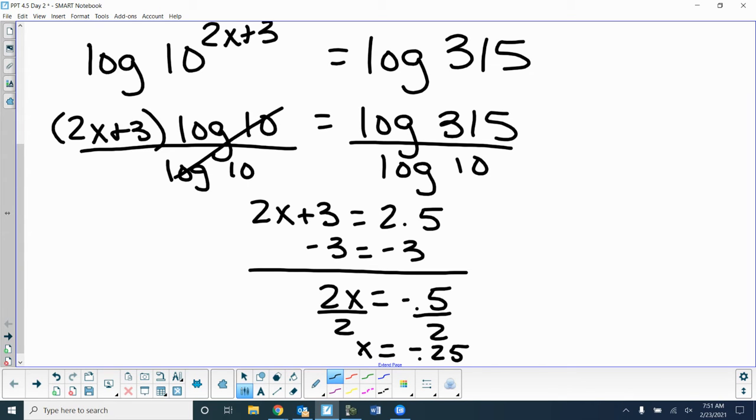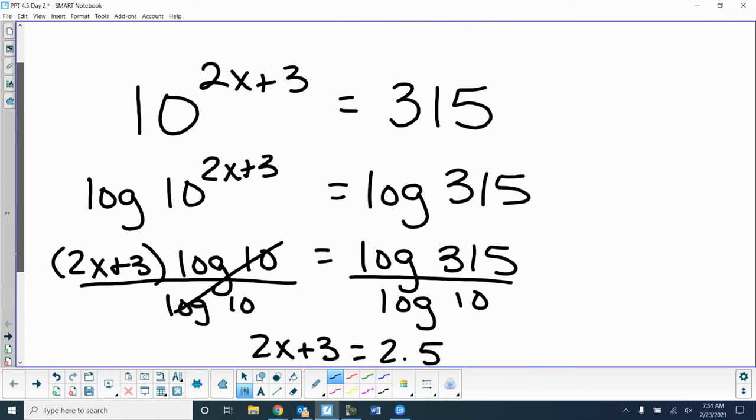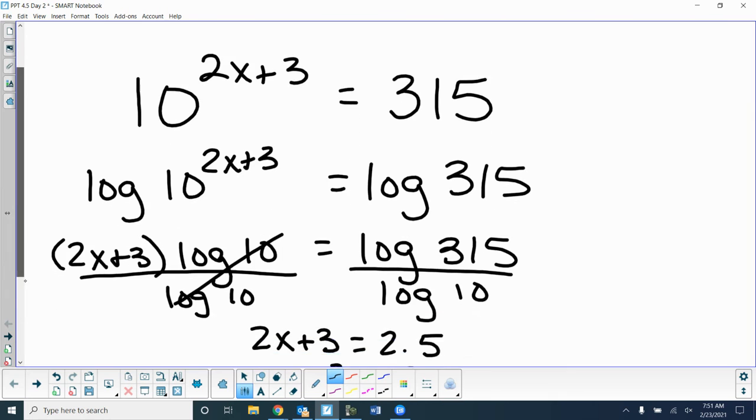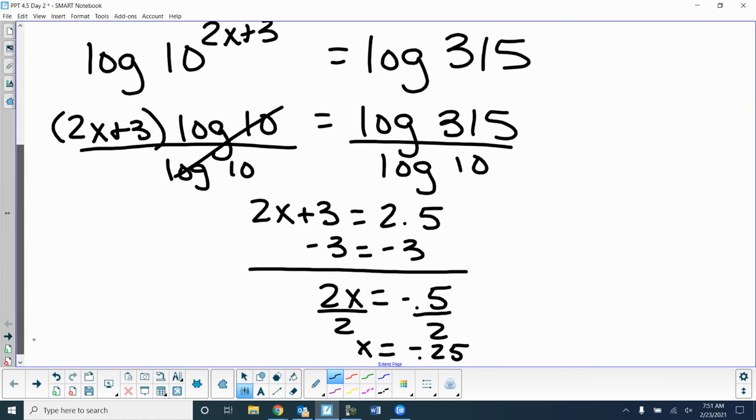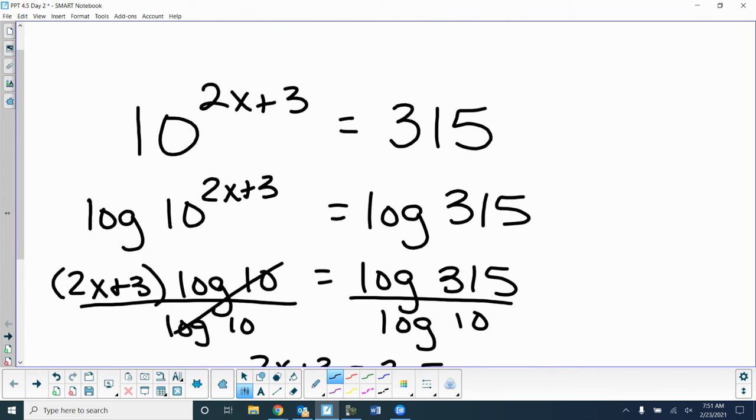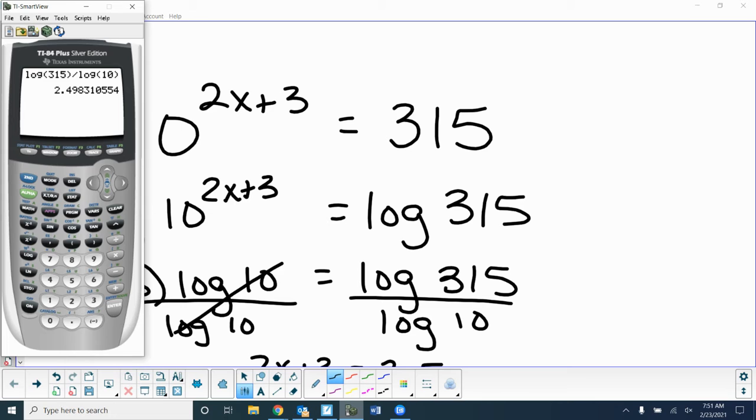Now let's see if that works. A lot of times a negative answer doesn't work. So negative 0.25, let's see if that works. Maybe I did something wrong there. 10 to, oops, back up, to the 2 times negative 0.25. That's not going to work. Gotta do this. Need to put it in parentheses.